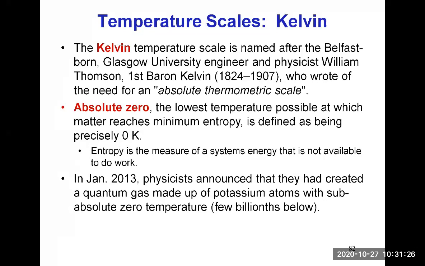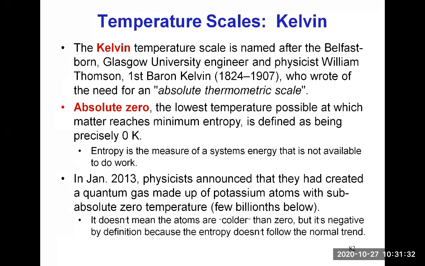So sorry, it should be negative 0 point 8 zeros and then a digit. So it doesn't mean that the atoms are colder than 0, but it is negative by definition because the entropy doesn't follow the normal trend. So until the 0 Kelvin, the entropy has a normal trend, but below that it's not behaving the same way.